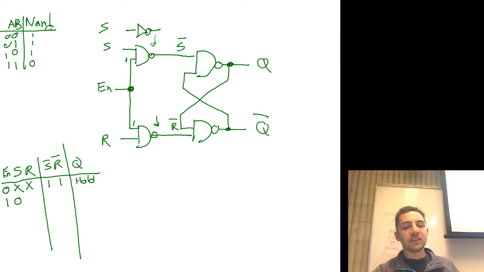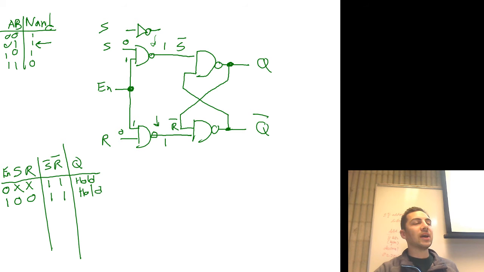So if I put in a 0, 0 with this 1, what do I get? Well, I put a 0 here, 1's there. What happens with 0 NAND 1? It's a 1. So I'm effectively still in a hold state.